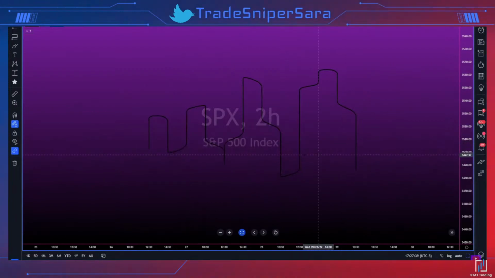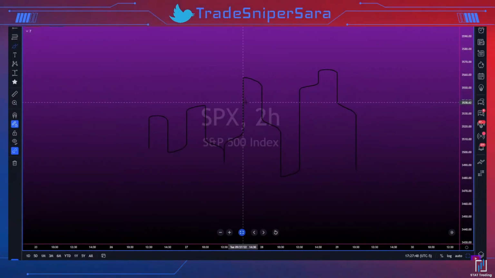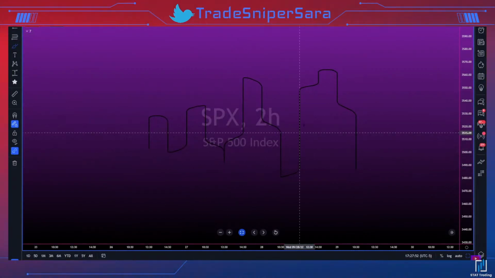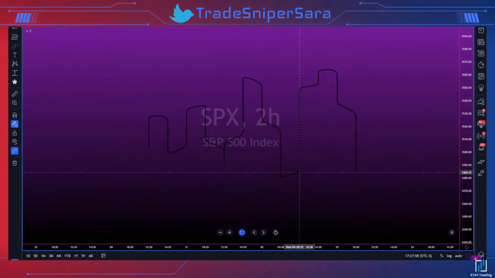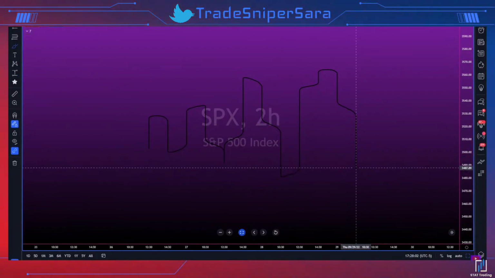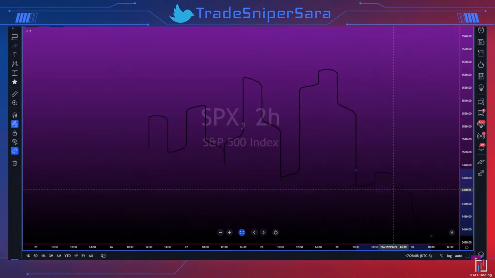Now, let's also remember that nothing can last forever. So a broadening formation, while it's happening, it's fine and great, but eventually it's going to resolve to one side, because this is price discovery. So instead of reversing here and continuing up, broadening formations can also break down and out of the broadening formation.